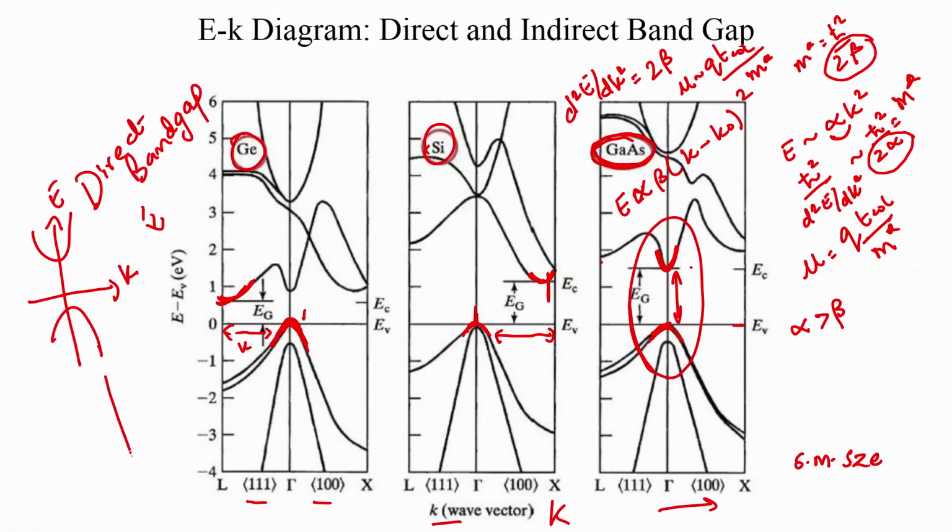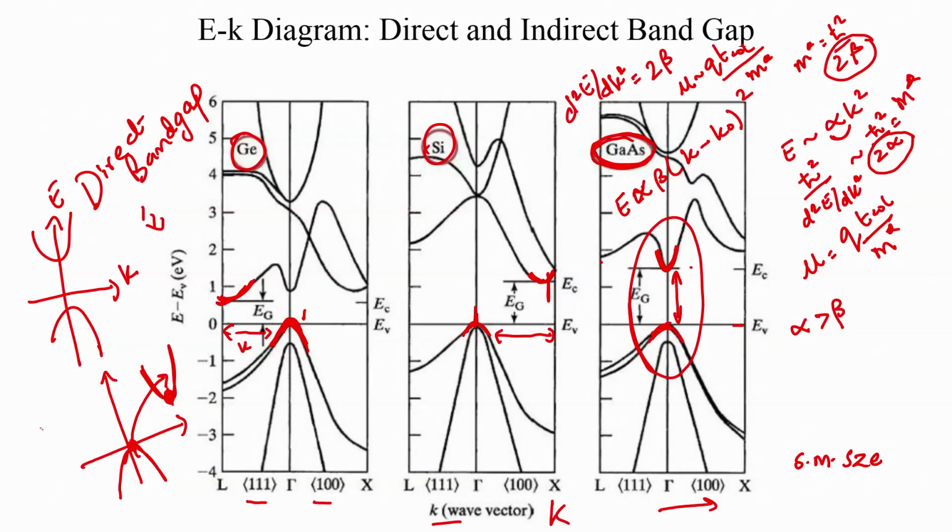And on the other hand, materials such as silicon, where the maxima of the valence band and the minima of the conduction band occur at different values in K, would require an electron making a leap from the valence band to the conduction band to have to change its K.